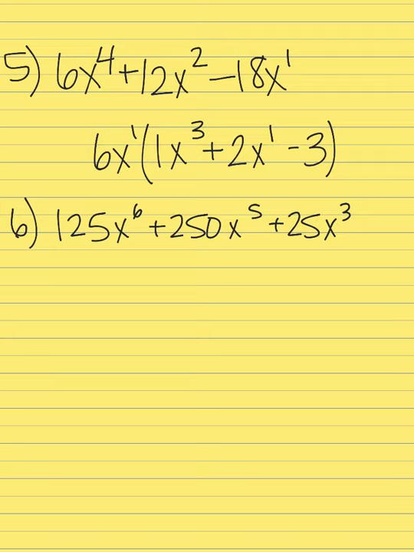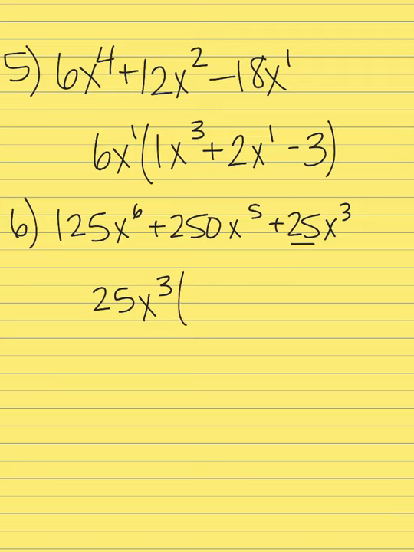Our greatest coefficient would be 25, because 25 goes into each of them, but our smallest one is right here, so we can't go bigger than 25. Now if we look at our x's, the greatest exponent would be 3, so x to the third, because anything bigger than x to the third would make this last portion bigger if you were to redistribute to check your answer.